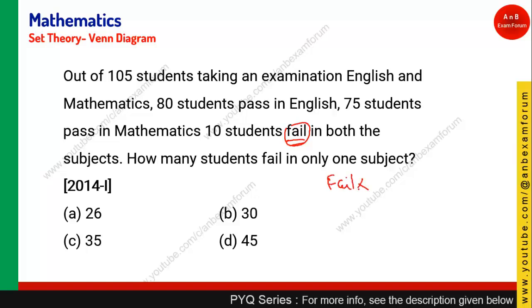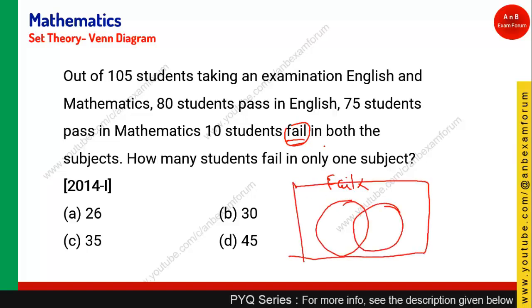They have given that 80 have passed in English. So how many students failed? 105 minus 80 is what? 25. So I will make the fail percentage. This is a universal set, so this is pass.